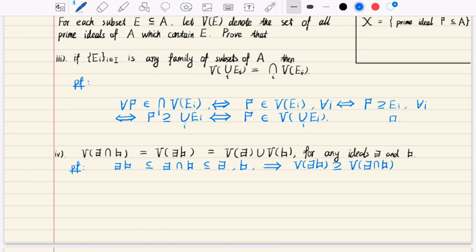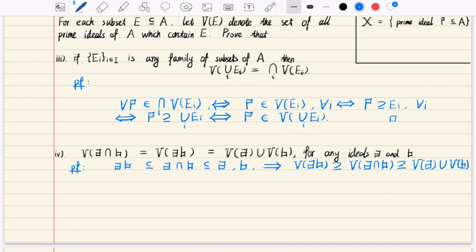So it contains V of A union V of B. This direction is just the order-reversing argument of V, so it is very simple.